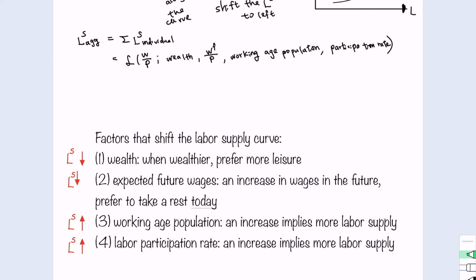So it means that given any level of the wage, the quantity of labor supply should change. Then it will associate with shifting of the labor supply curve. And this concludes our discussion related to the labor supply.